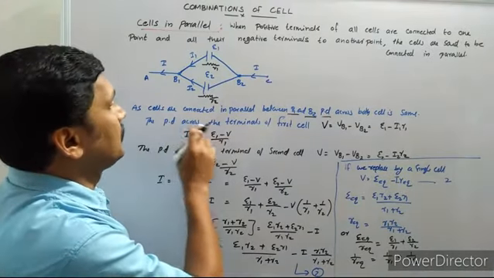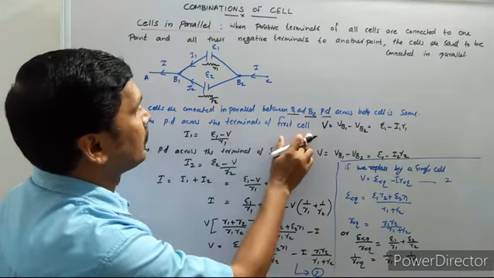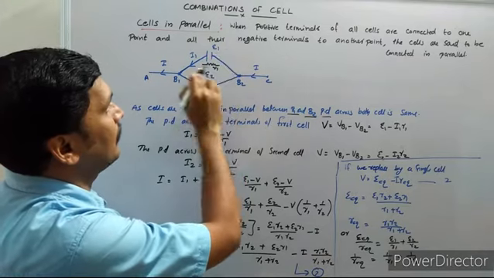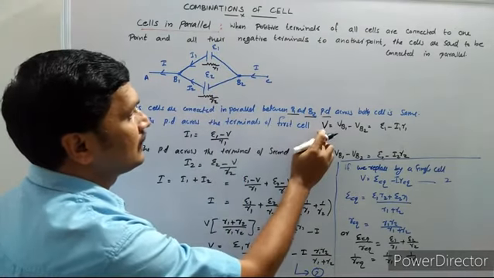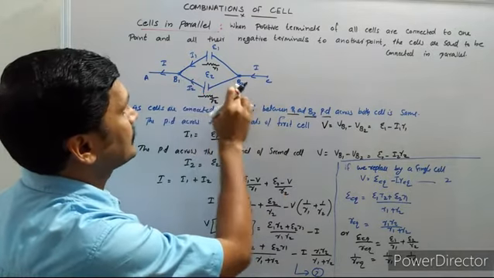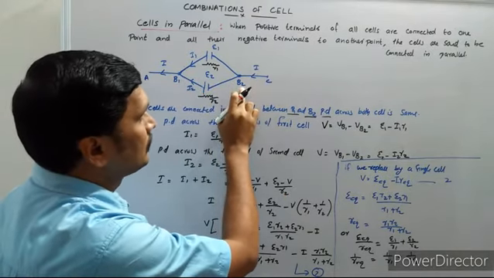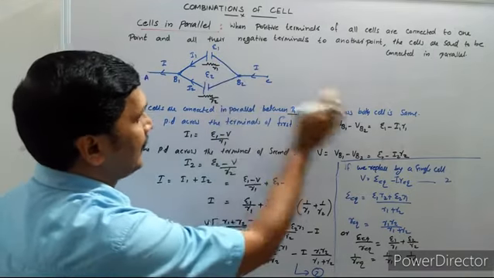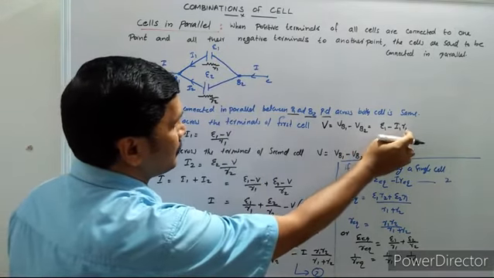Now the potential difference across the terminals of the first cell. V is equal to the potential at B1 minus potential at B2. That can be written as E1 minus I1 into R1.